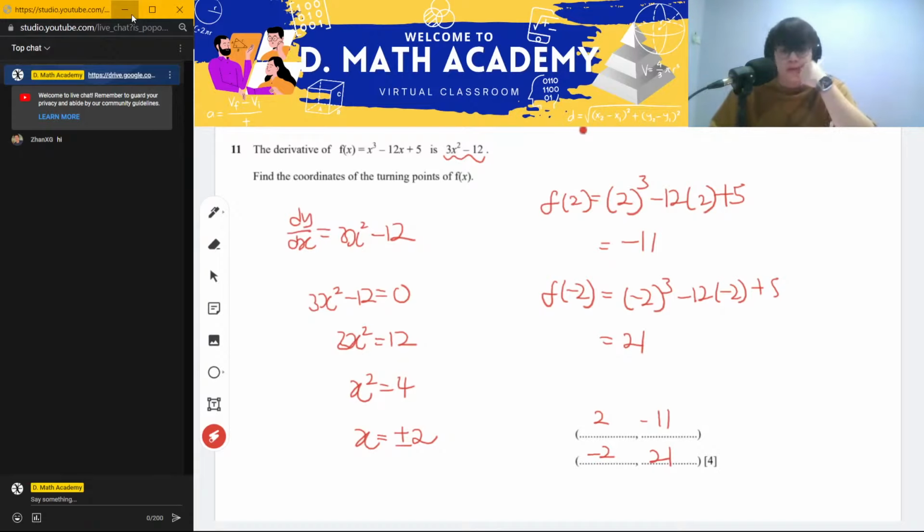So this is for question 11. I factorize it to figure out the value of x. 3x squared, yeah, correct. Factorize. How do you mean by factorize? You key into your calculator the quadratic equation. Is it?